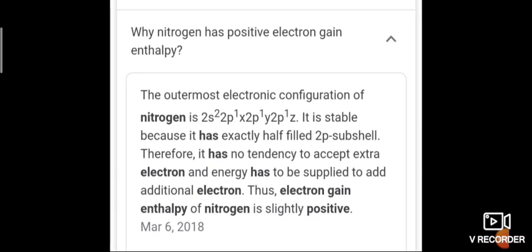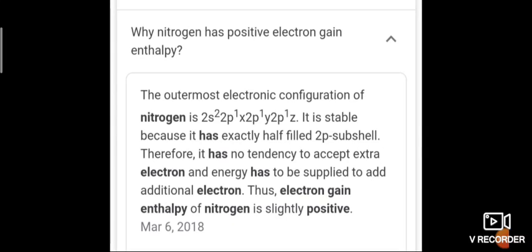More energy is needed to keep an electron in the shell, so zero group elements have positive electron gain enthalpy. Helium has plus 48, neon has plus 116, but argon has plus 96.